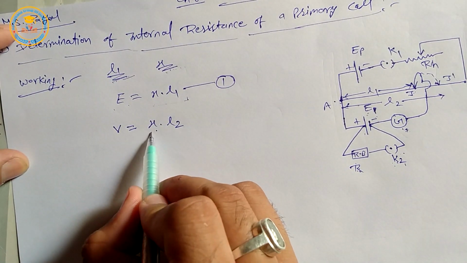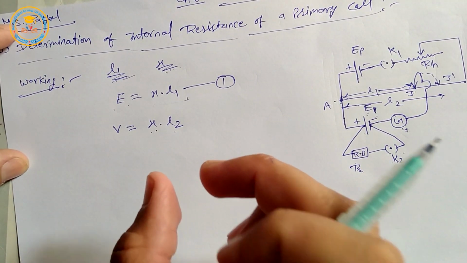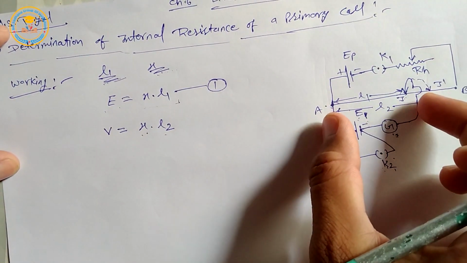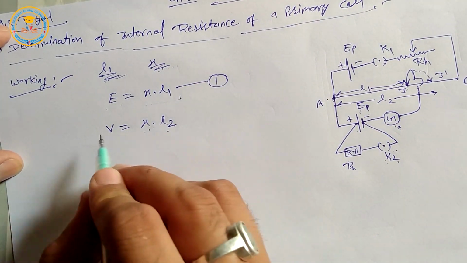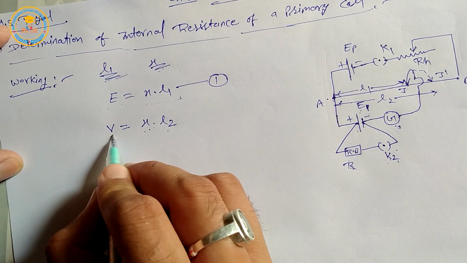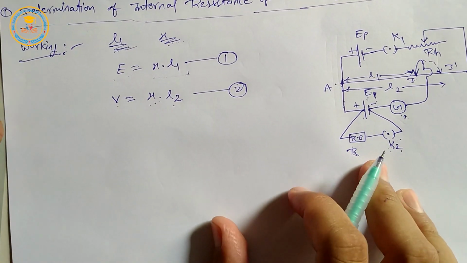This is the voltage drop per unit length and this is the total length. So the total voltage drop on this length is X into L2, which is equal to the terminal voltage of that cell. This is equation number 2.